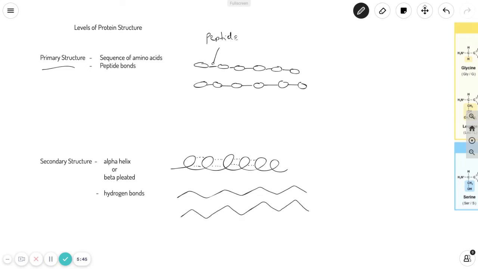And they're going to get held together by, of course, hydrogen bonds. So far, we've talked about primary structure, the sequence of amino acids, and how it's held together by the peptide bonds, because that's how you stick amino acids together. And now we're talking about the interaction between different amino acids that can either form an alpha helix, this one here, or beta pleated. And those shapes are going to be held together by hydrogen bonds.